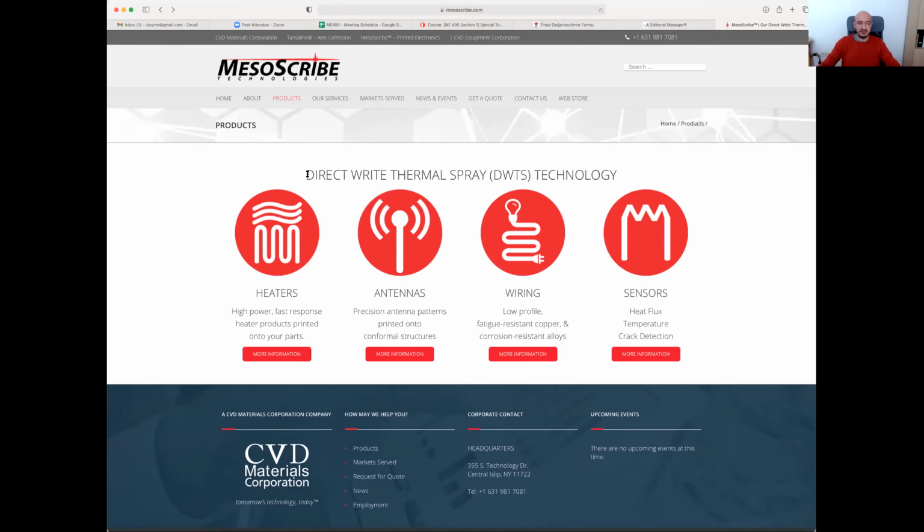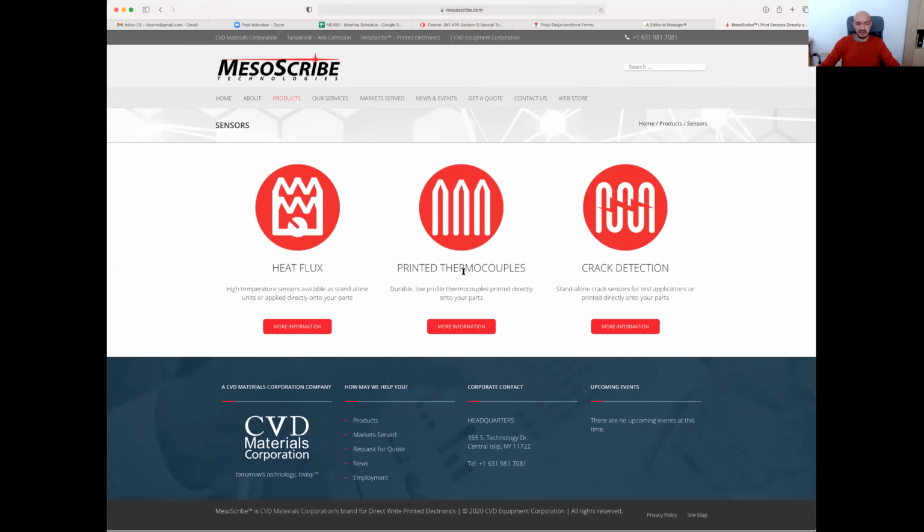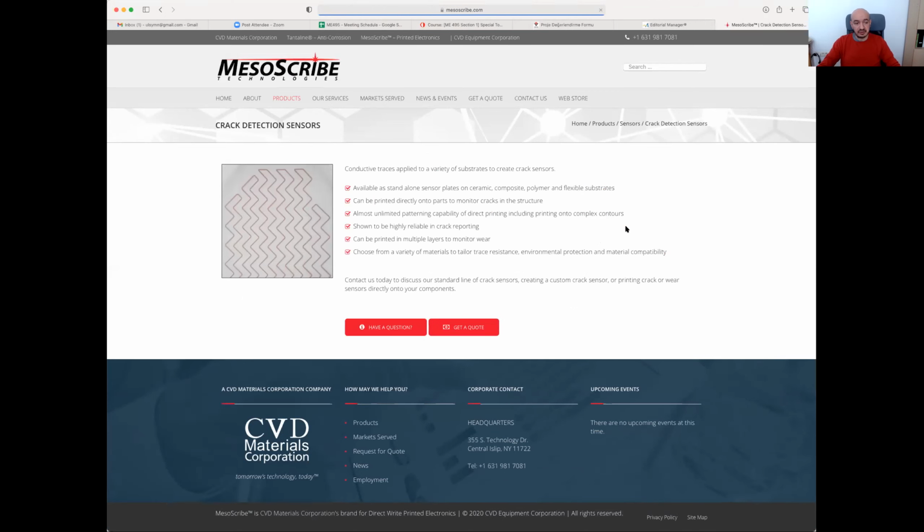This is an additive manufacturing technology, and we don't have many companies working in this field. For instance, you may print a sensor on a specific surface, and their resolutions are high, so you can have these sensors at the micrometer to millimeter level. It is a nice example of direct write technologies.